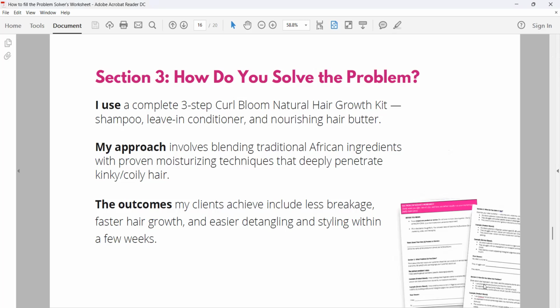Her approach involves blending traditional African ingredients with proven moisturizing techniques that deeply penetrate kinky and coily hair. What is the outcome? What is the result that the client gets after all these things? They achieve less breakage, faster hair growth, and easier to detangle styles within a few weeks.